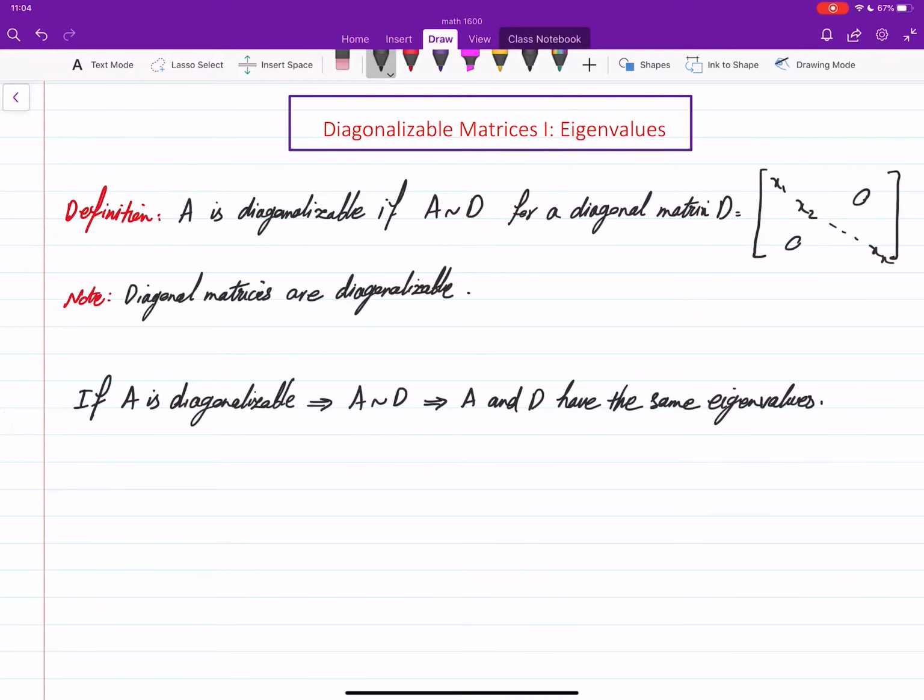Any two similar matrices have the same eigenvalues. But we know that the eigenvalues of a diagonal matrix are the entries on the main diagonal.